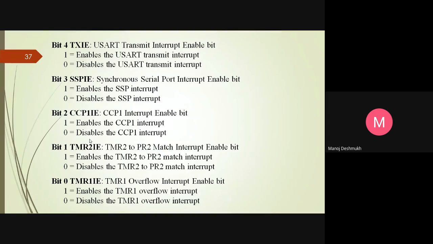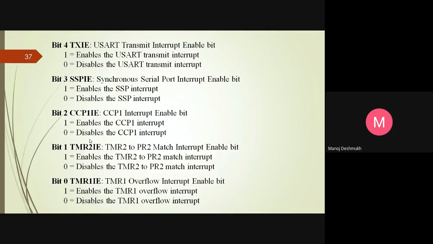Next is the CCP module, with capture, compare or PWM sections, which we will see later. Detection of that interrupt takes place if we enable this bit, that is CCP1, by setting it to 1, otherwise it is 0. If you do not require it, make this bit 0.